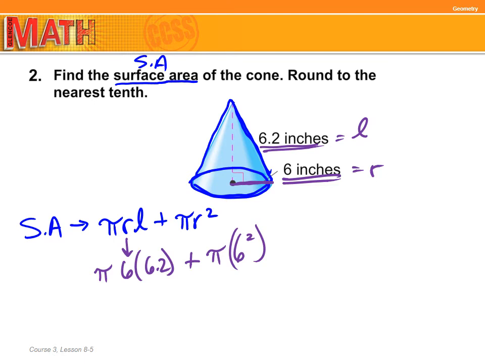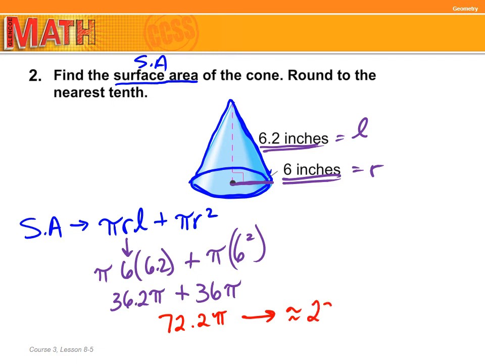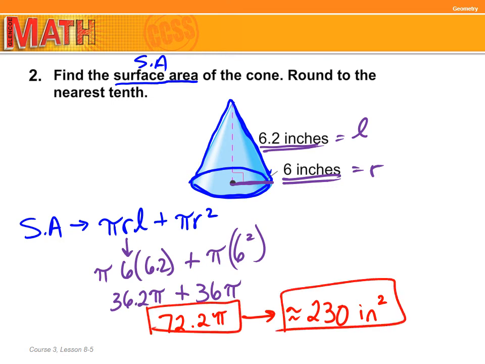So we know that 6 times 6.2 is 37.2 pi, plus 6 squared is 36, so 36 pi. So our answer here, 73.2 pi, or if we simplify this all the way through, it will be about 230 square inches. So either answer would be correct.